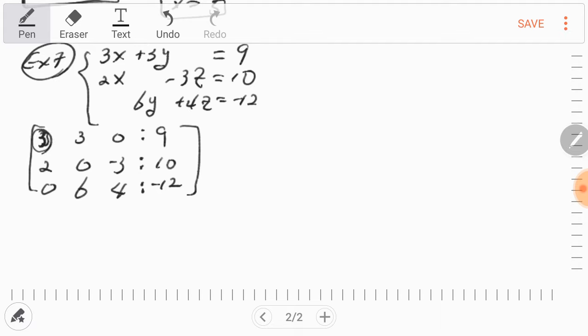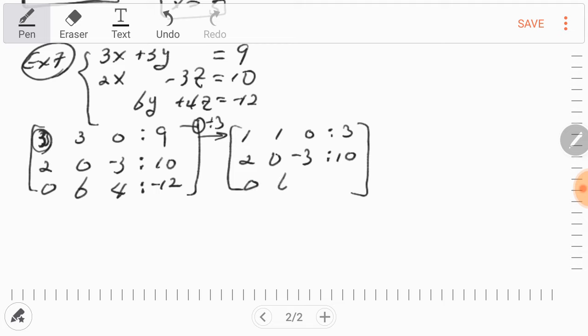So the first row, I will divide the first row by 3, then 1, 1, 0, 3, 2, 0, negative 3, 10, 0, 6, 4, negative 12. From here, the first row starts with 1.